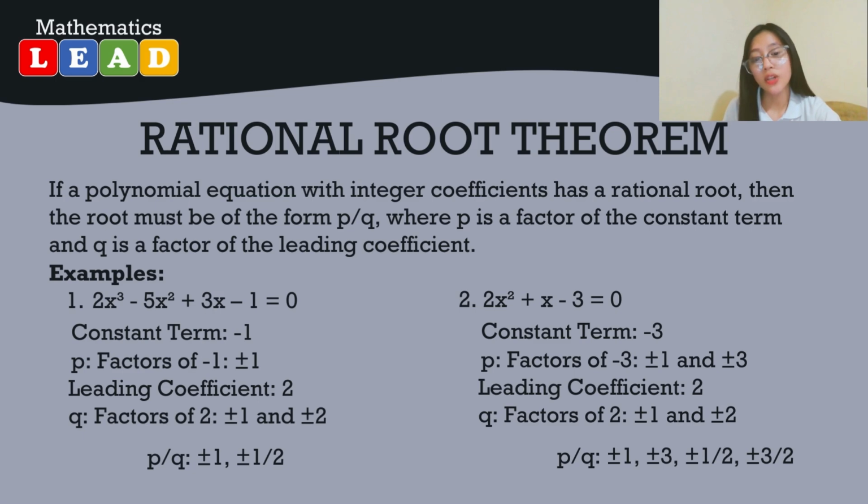Therefore, the possible rational roots, all the combinations of p over q, are positive negative 1, positive negative 3, positive negative 1 half, and positive negative 3 halves.